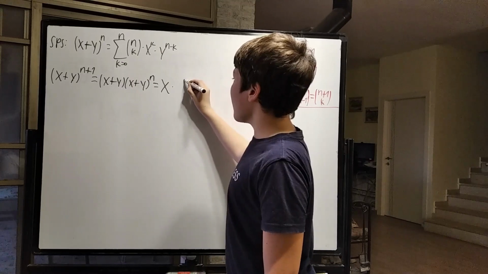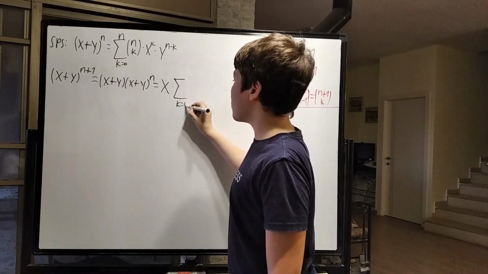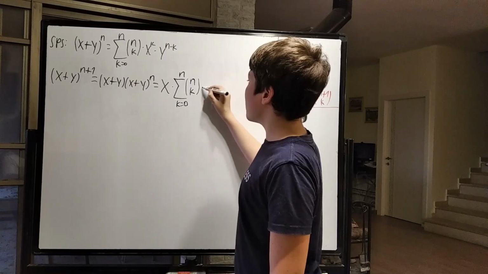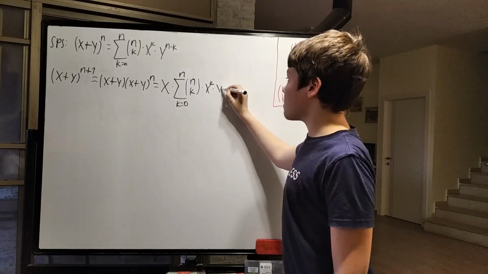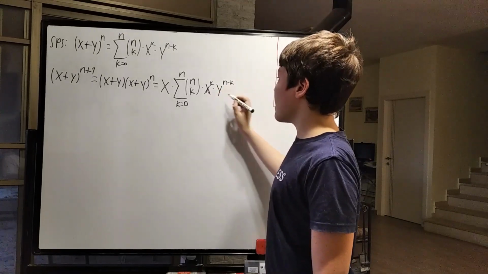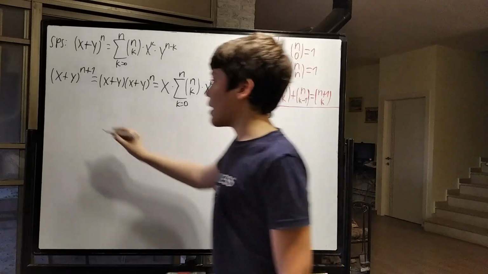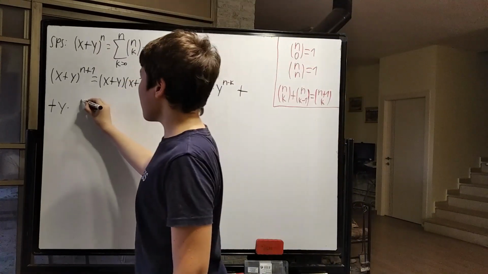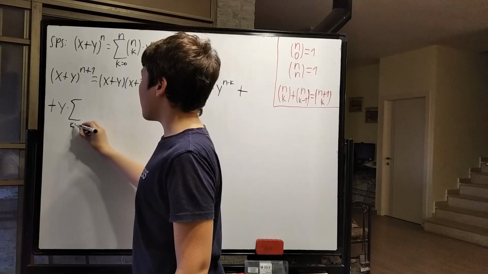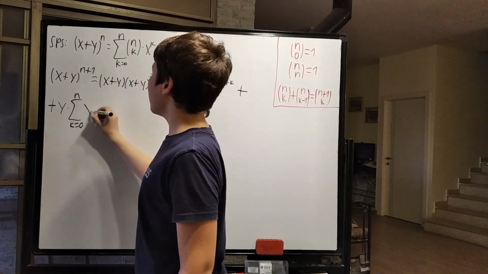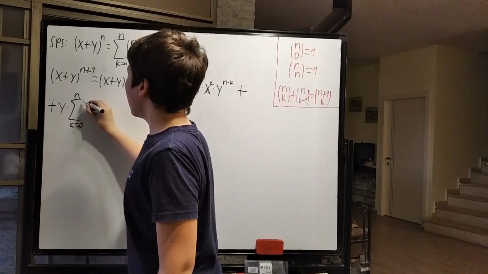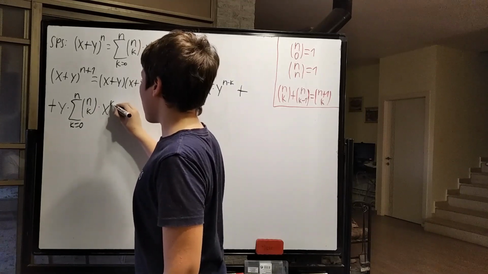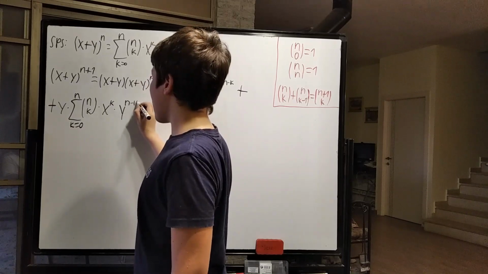So, x times the sum as k goes from 0 to n of n choose k times x to the k times y to the n minus k, and then we'll have plus y times the sum again, as k goes from 0 to n of n choose k times x to the k times y to the n minus k.